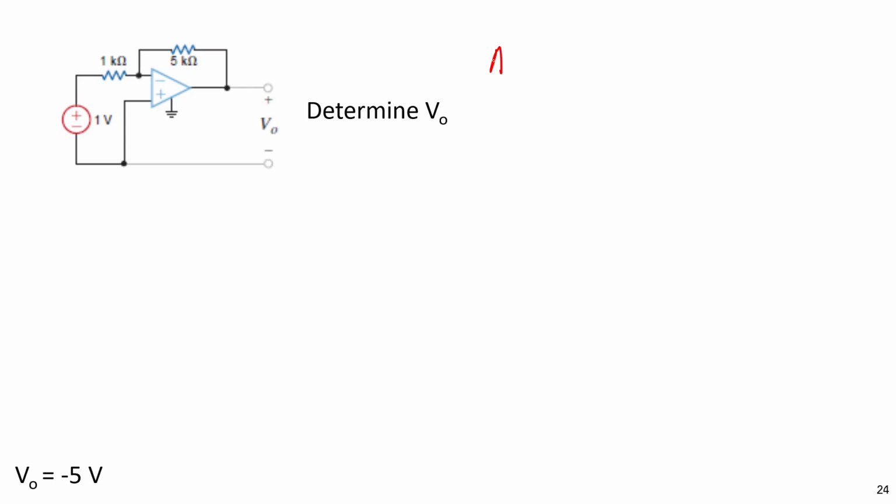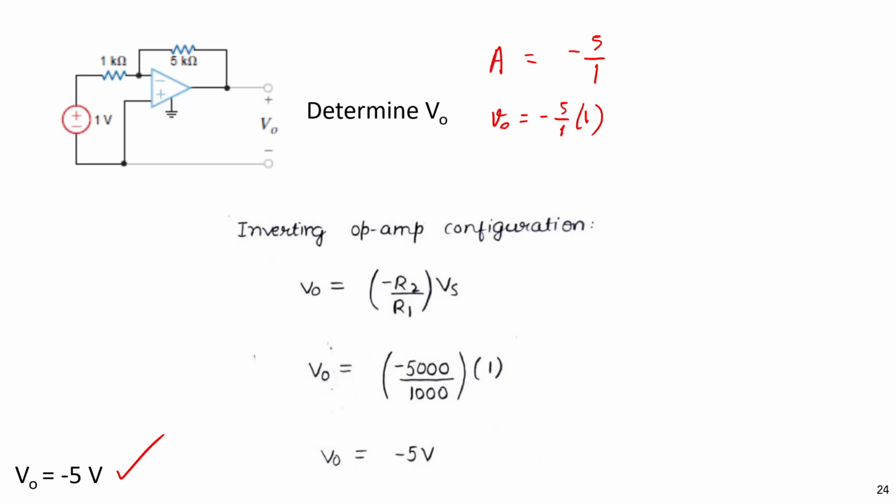The gain of this circuit is minus 5 by 1. So V out is equal to minus 5 by 1 into V in, which is 1 volt, is minus 5 volts, just like this. And this is the gain of the inverting op amp.